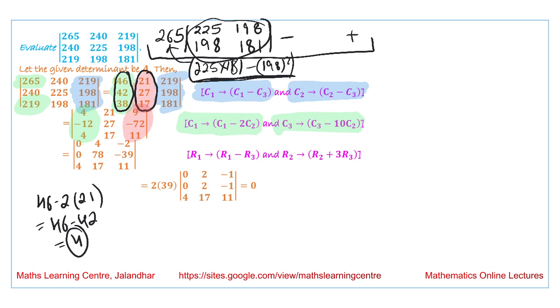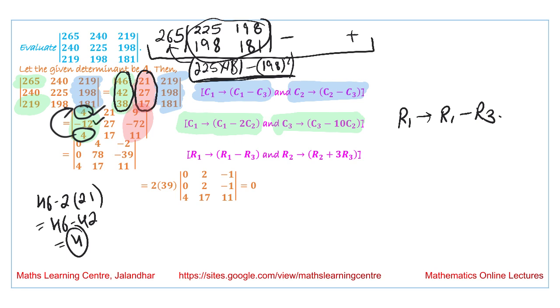Next, we see 4 here and 4 here. To reduce these, we have performed the operation row 1 approaches row 1 minus row 3 to make this 4 equal to 0.